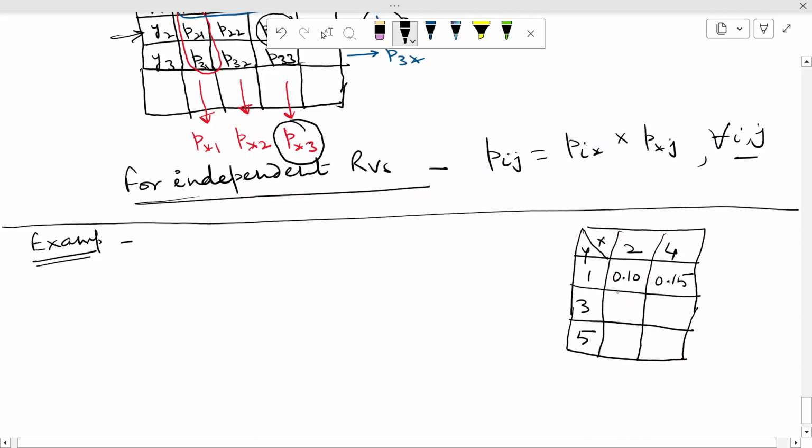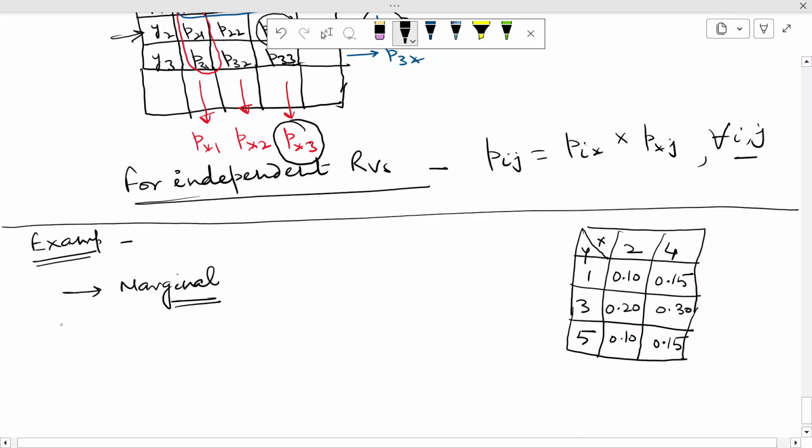These are 0.10, 0.15, 0.20, 0.30, and here we have 0.10, 0.15. First of all, we have to obtain the marginals.